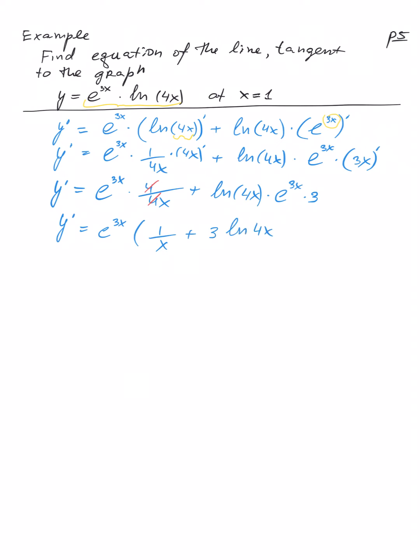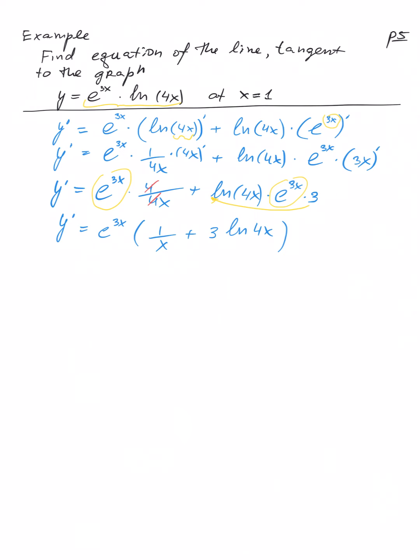I just changed the order here, so I brought 3 in front because it's just a factor. Okay, and I brought this factor and this factor out. Okay, that looks good, but we need to still find an equation.